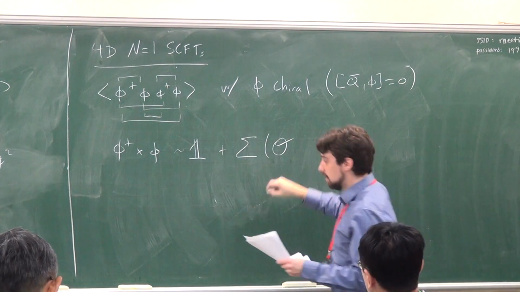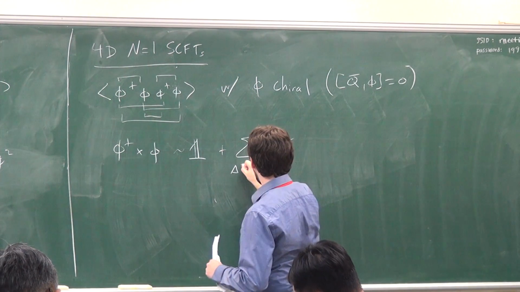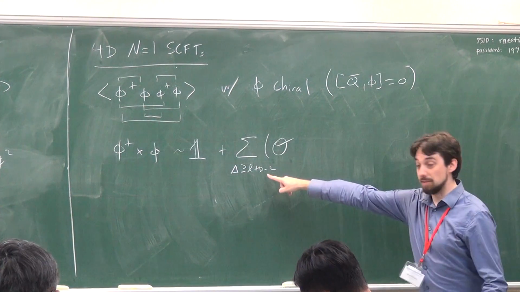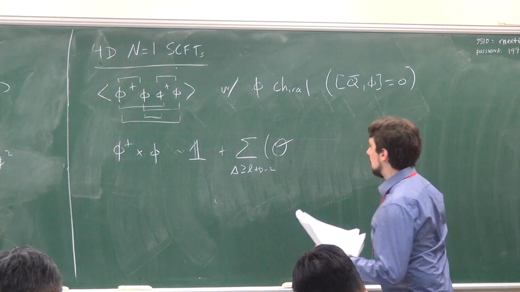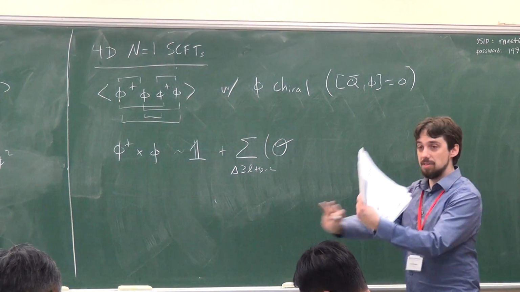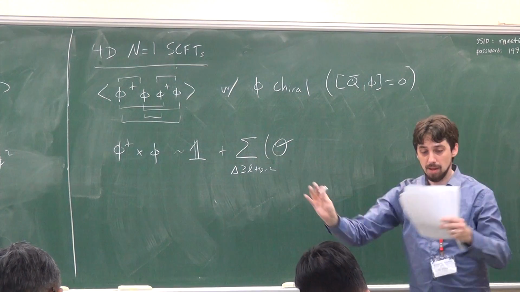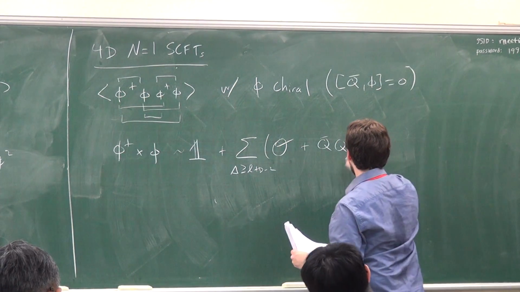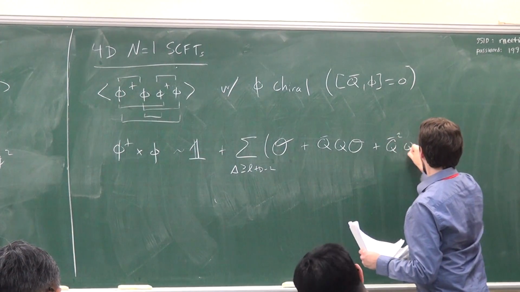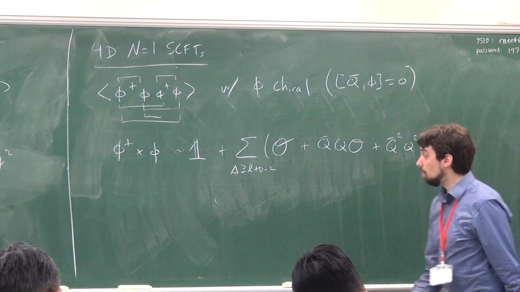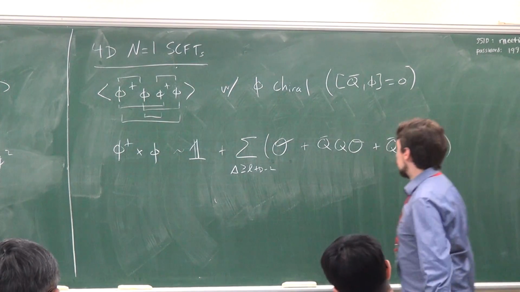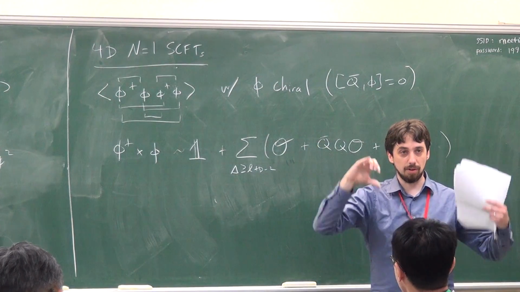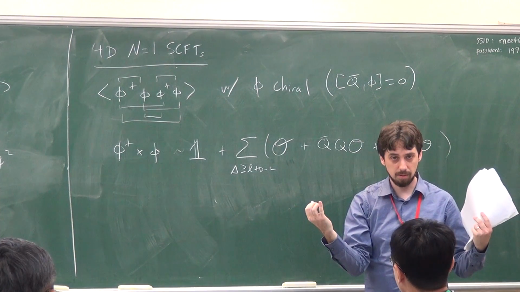Unprotected operator O, where the dimension of O satisfies the unitarity bound: Delta is greater than L plus B minus 2. And because we have supersymmetry, we know that O sits inside of a supersymmetry multiplet. And so it comes together with various superdescendants, which can be organized into primary operators under the conformal group.